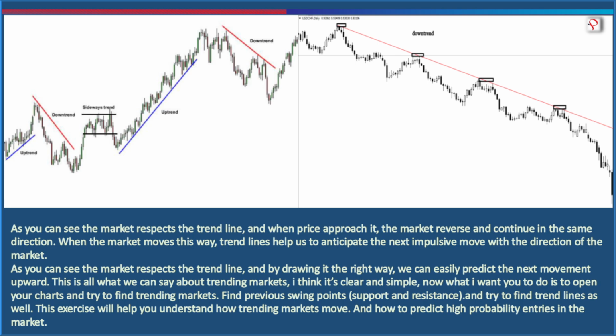From the picture you're seeing, you can see the lines as they are drawn on the chart, and you can see that price carefully respects the trend line. The trend line before now was used as a tool to identify the trend of the market.